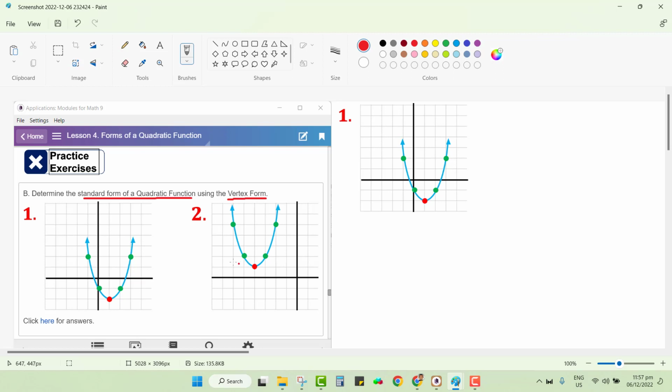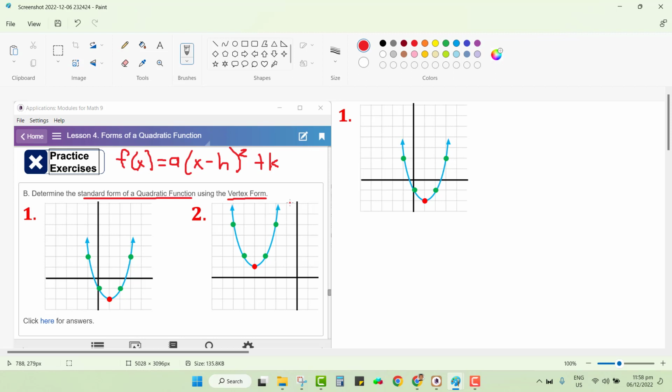But before we continue, let us talk about what the vertex form is. The vertex form is another form of a quadratic function expressed in this manner: f of x equals a times the square of the binomial x minus h, plus k.